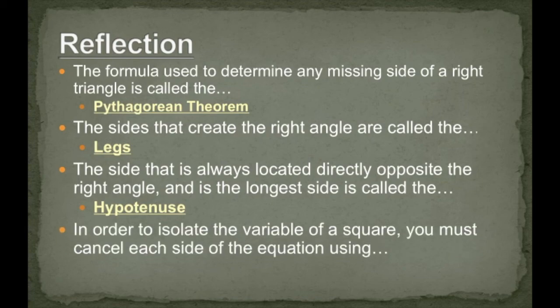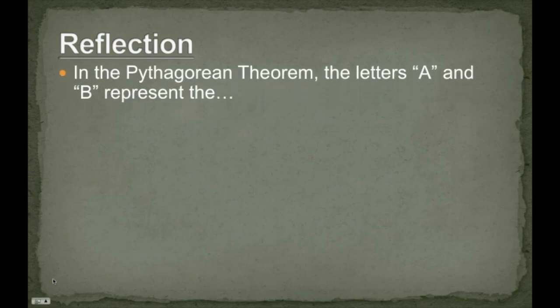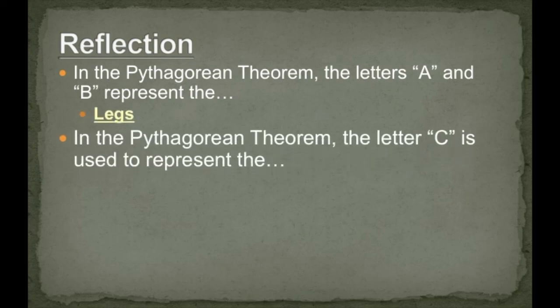In order to isolate the variable of a square, you must cancel each side of the square using the square root. In the Pythagorean theorem, the letters A and B represent the legs. In the Pythagorean theorem, the letter C is used to represent the hypotenuse.